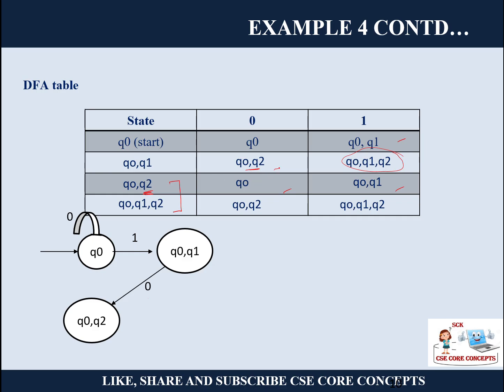Okay, then with 1 input you go to this state. Then from Q0, Q2 with 0 input you go back to Q0 state, right? With 1 input you go to Q0, Q1 state. From this state, 0 input will go here and 1 input will go to the same state.